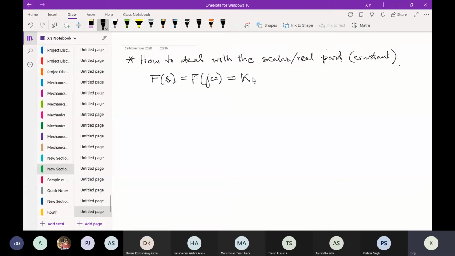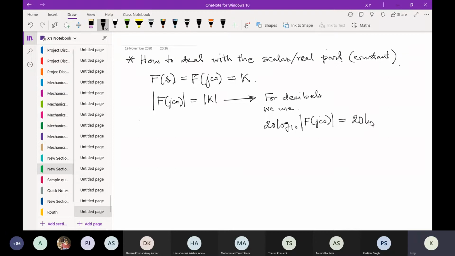If this is my function, then what happens? And from here we use what decibels? That is about it.